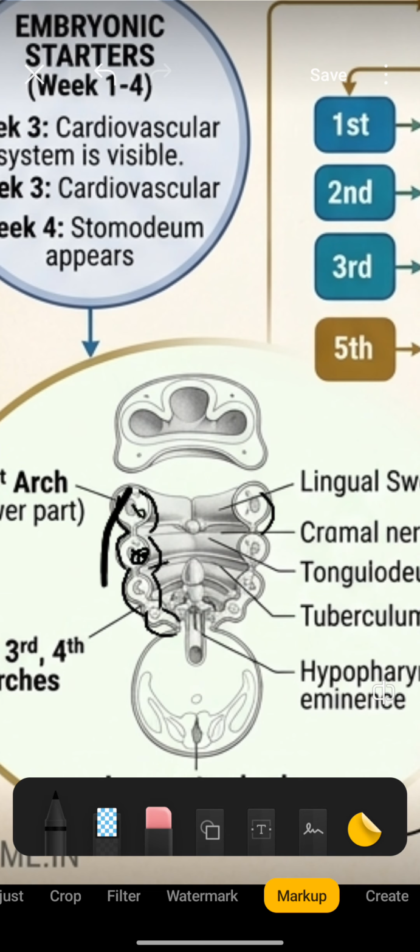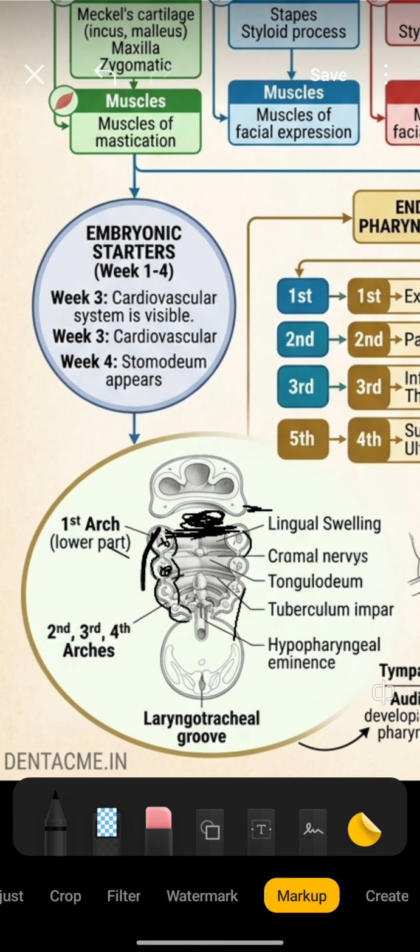Intervening in between is mesodermal. This is the buccopharyngeal membrane, and this is the stomatodeum, the mouth opening. This membrane ruptures at 24 days and will connect with the amniotic fluid filled cavity. This is the maxillary prominence. Mainly we talk about the pharyngeal arches. This whole is the pharyngeal arch from which the derivatives are derived.